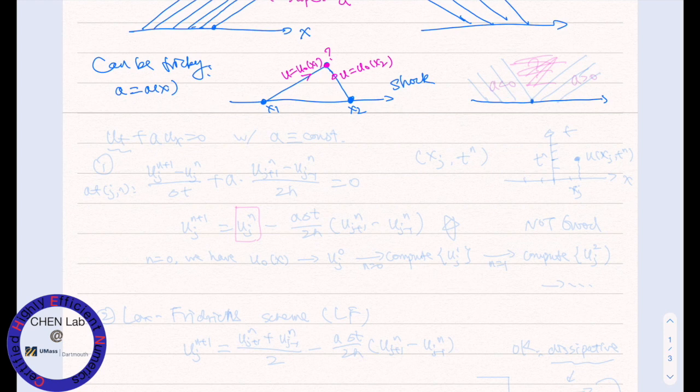To the left of this point, a is negative, so it will go in that direction. To the left is negative, but to the right is positive. So a for this part is positive, a for this part is negative. Then again, we just plot this following the characteristic lines.